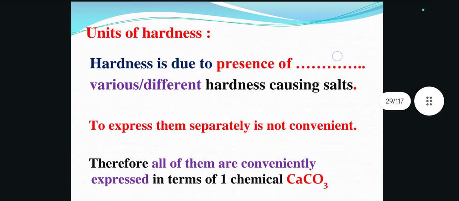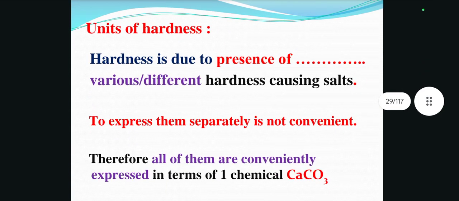So here we will see the units of hardness, meaning once you get the value of hardness, what kind of unit you are going to use. As you know very well, hardness is due to the presence of dissolved salts, and salts are of different types, like calcium chloride, magnesium chloride, iron sulfate, calcium sulfate, magnesium nitrite, right?